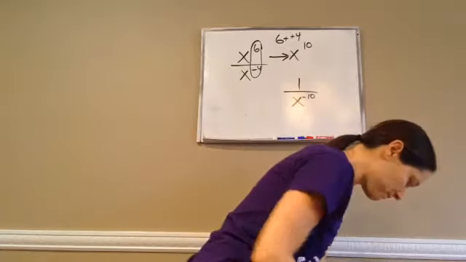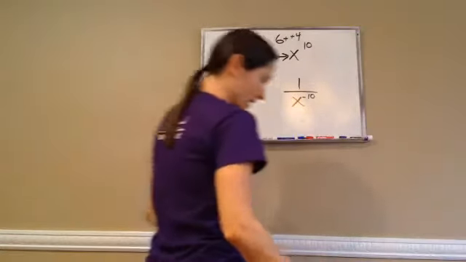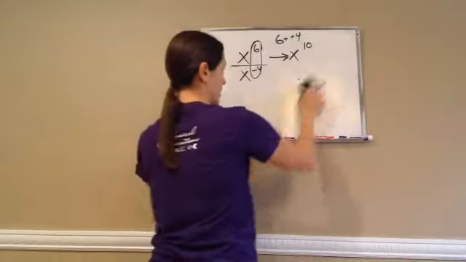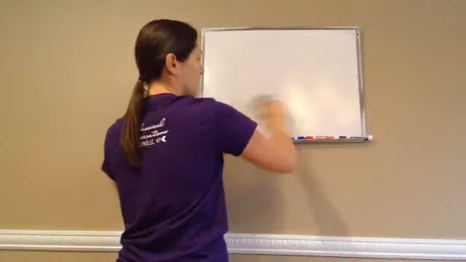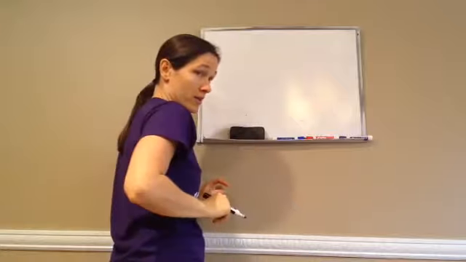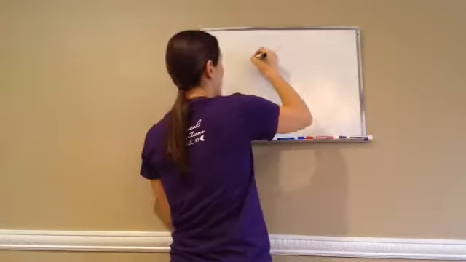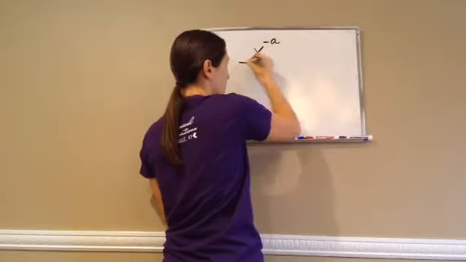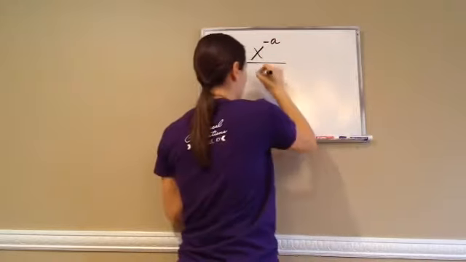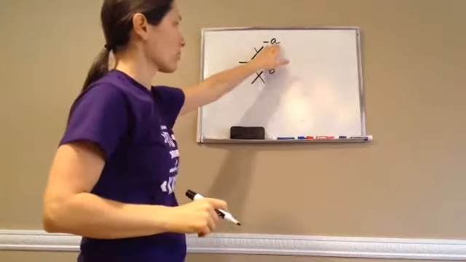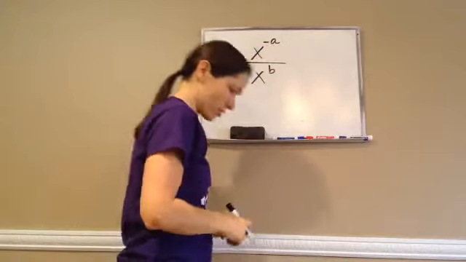Alright, now, this is where it gets a little bit harder, so make sure you're really paying attention. Okay? If you need to pause it and get up and stretch, you may. Okay. So, x to the negative a over x to the b. Now this makes it harder because these are not numbers, they're letters, okay?